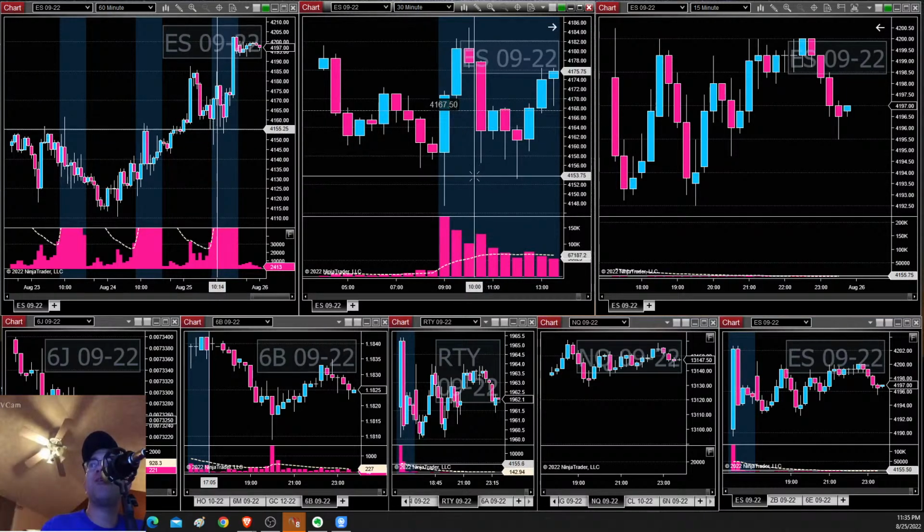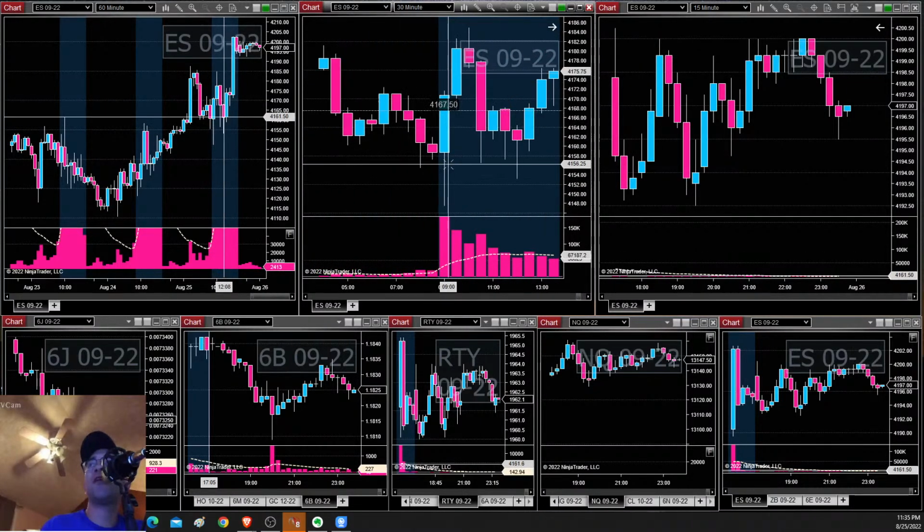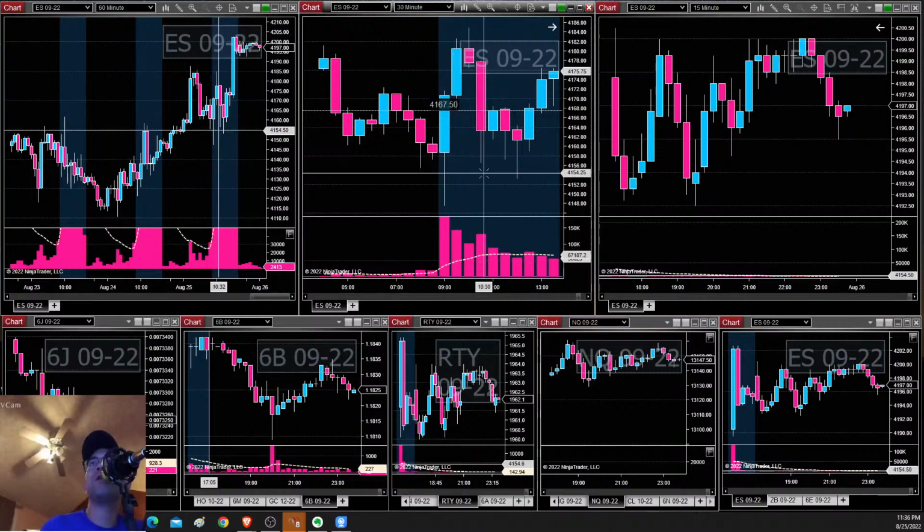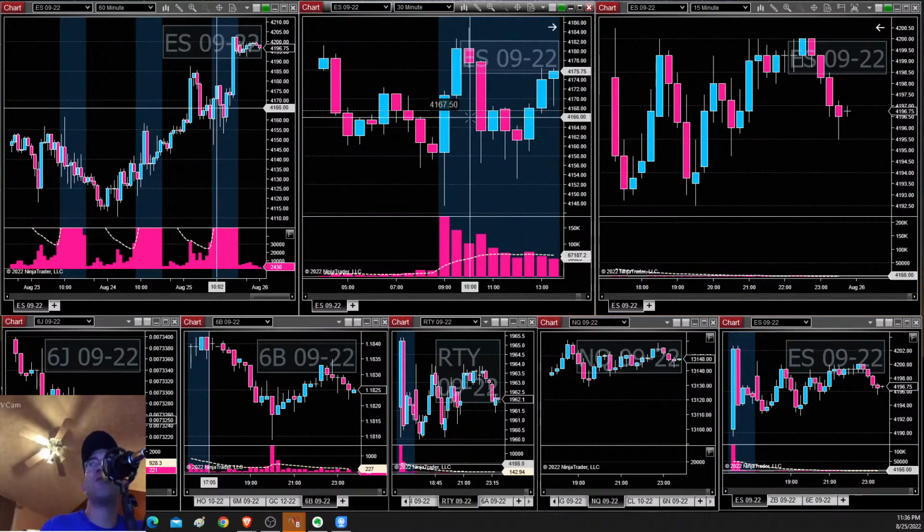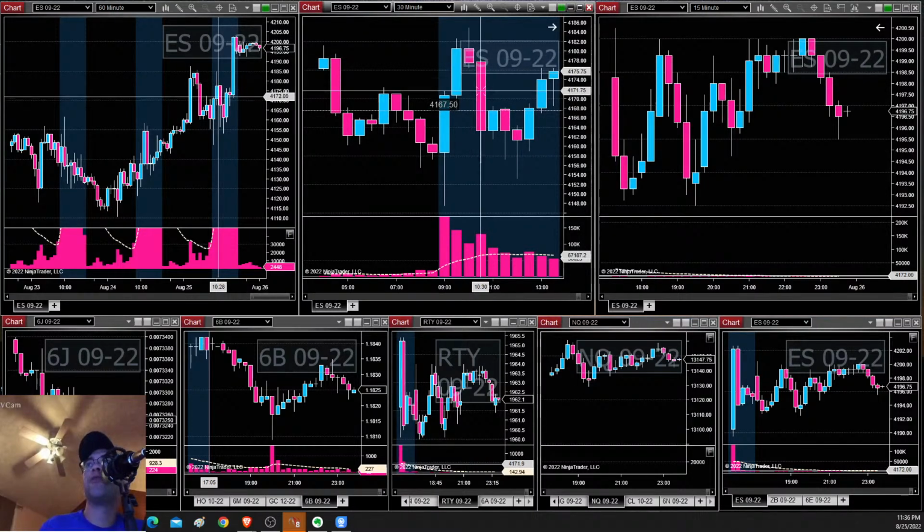So when we start getting to pivot 2, 3, 4, that's when we start getting ourselves in trouble. So pivots mean exhaustion. We want to take off most of our trade if we are in a trade right here.